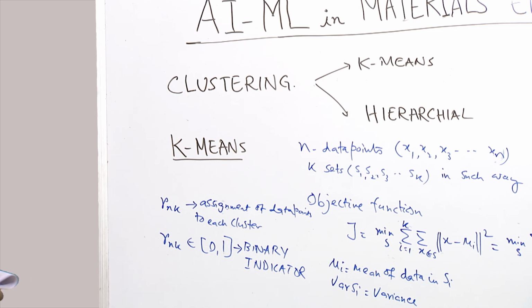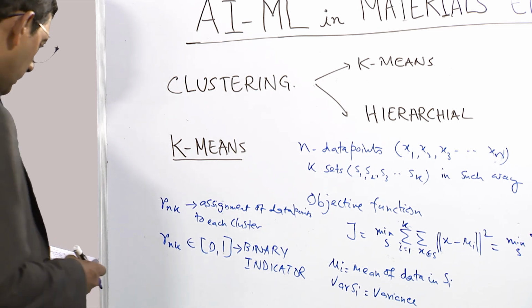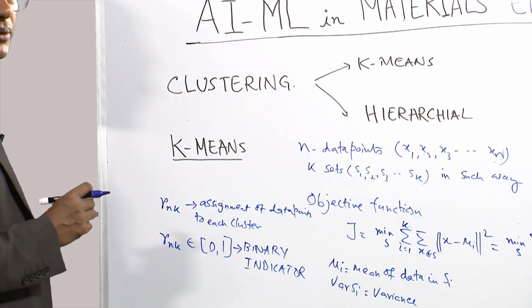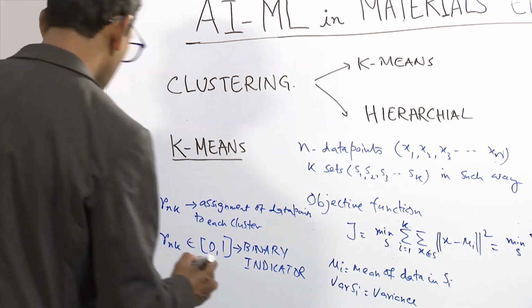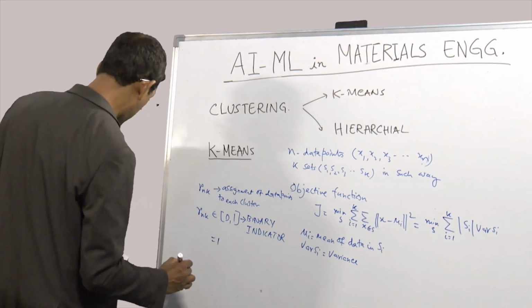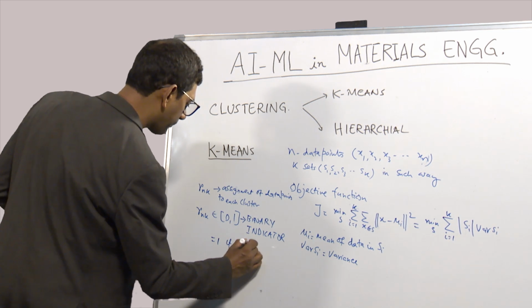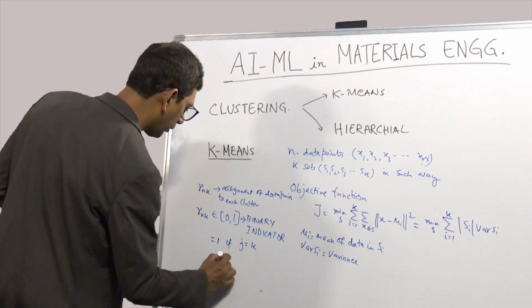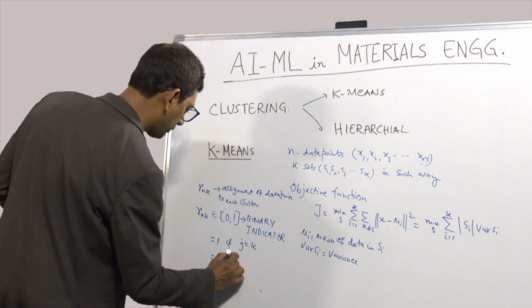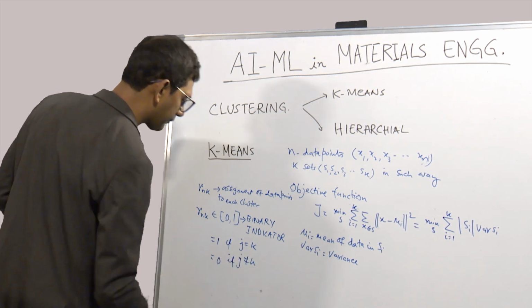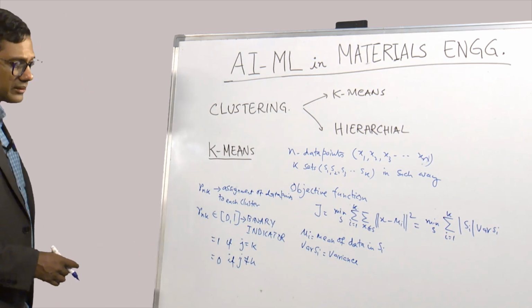It describes which of these k sets a data point is going to belong to. So, r nk is going to be equal to 1 if j is equal to k, and 0 if j is not equal to k, correct.